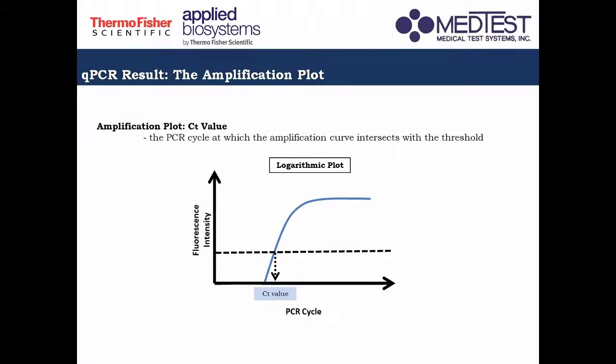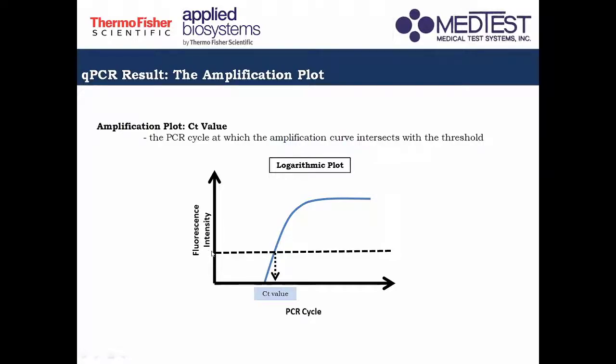we have also the concept of what we call a CT value. So yung CT value po, ito po yung CT value, or it means threshold cycle value. So this is the PCR cycle at which the amplification curve will intersect with the threshold.